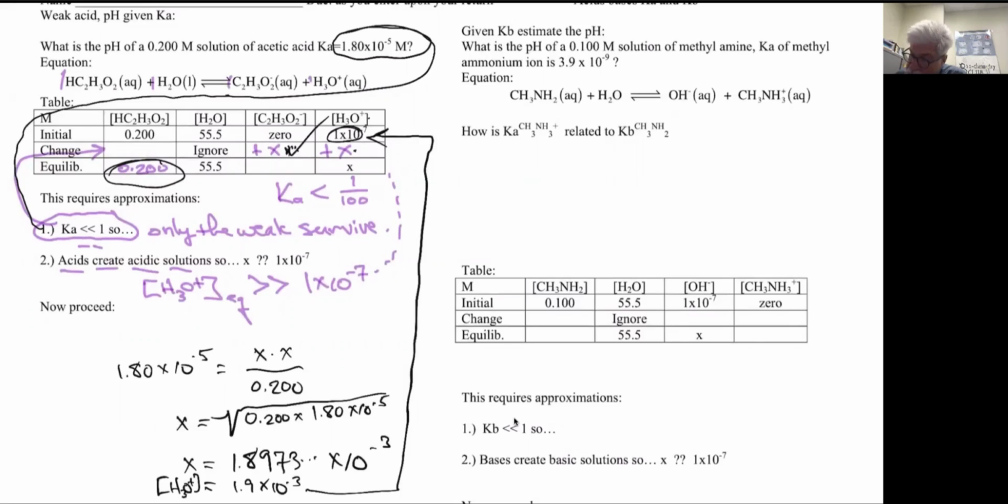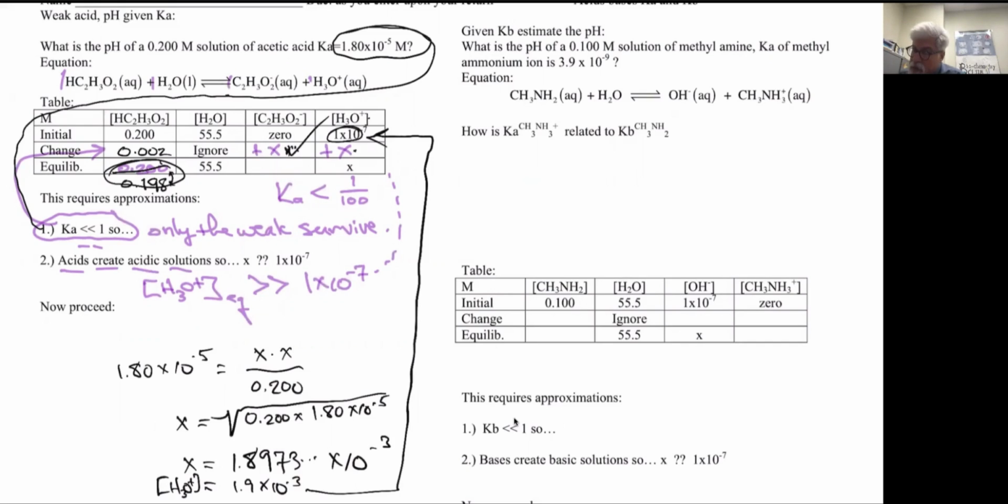That number is 0.002 approximately, meaning that at equilibrium, we actually had 0.198. Interesting. This isn't exactly the same.